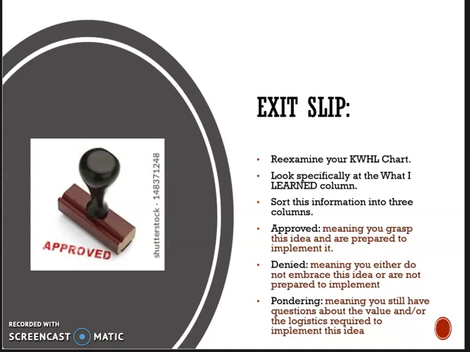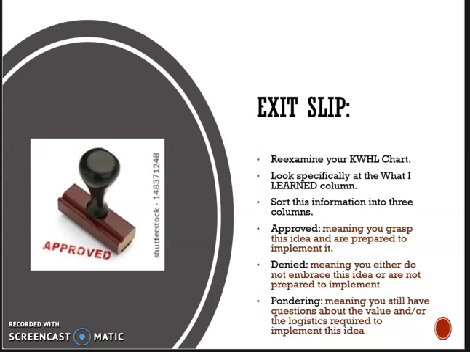Looking at the What I Have Learned column, sort your responses into 3 columns. In one column, you'll have approved, meaning you grasp this idea and are prepared to implement it. In a second column, denied, meaning you either do not embrace this idea or are not prepared to implement.